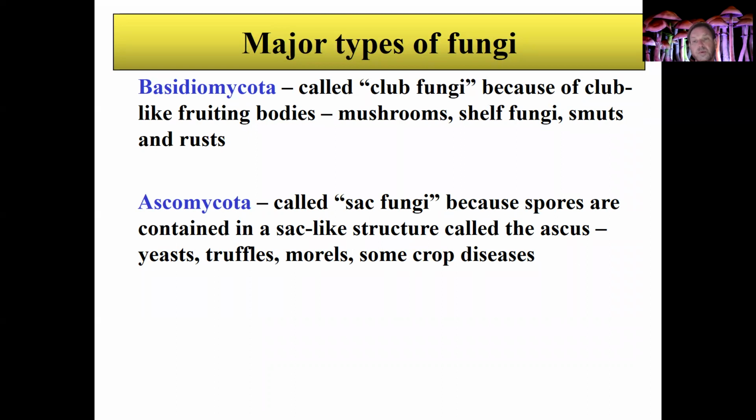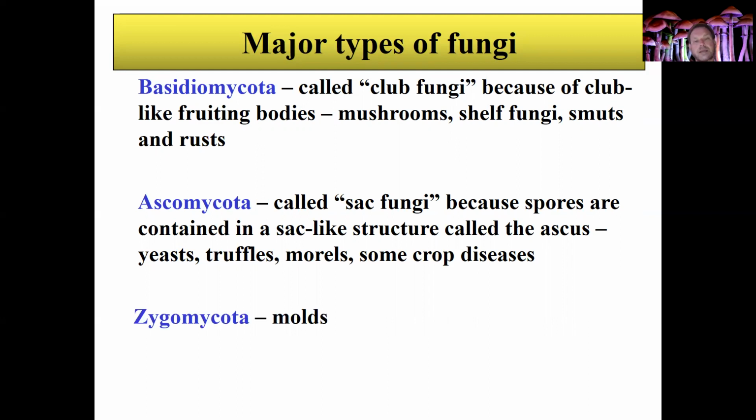Club-like spores. Then you have the ascomycetes, which produce spores in little sacs called an ascus. These include yeasts, which are unicellular fungi, truffles, which are a delicacy, morels, which are a very good edible mushroom, choice edible, but also some crop diseases.